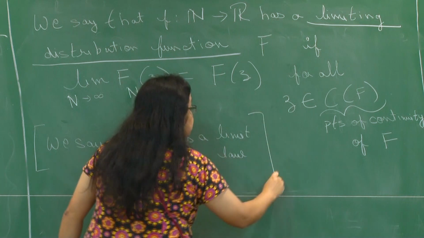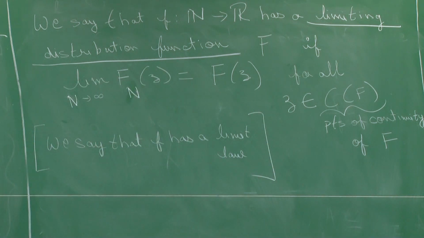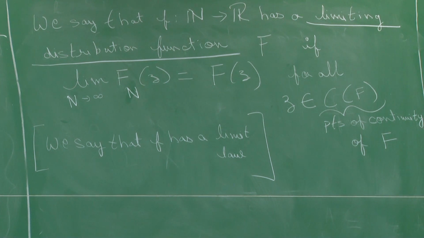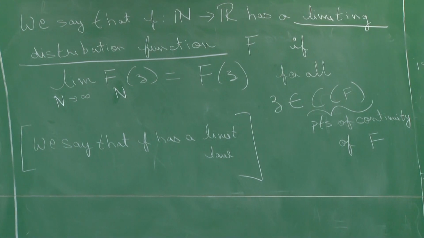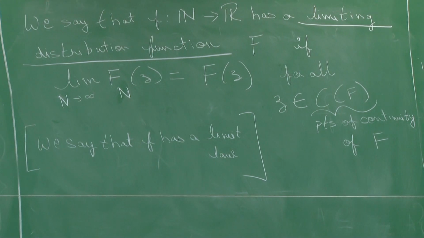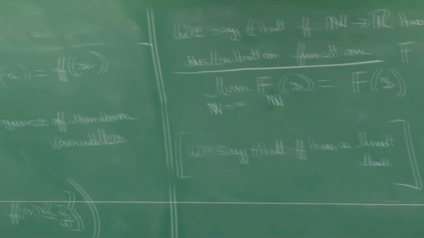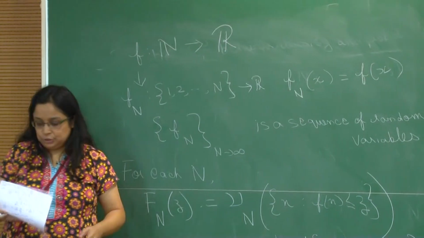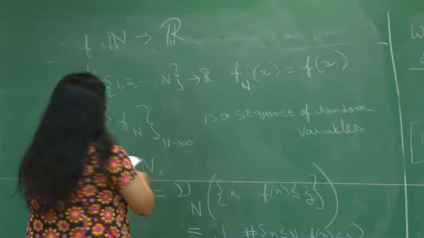So, what are we going to learn? We want to learn how to use theorems from probability on probability spaces and random variables and translate them into theorems related to densities and limiting distribution functions corresponding to arithmetic functions. This is our goal.